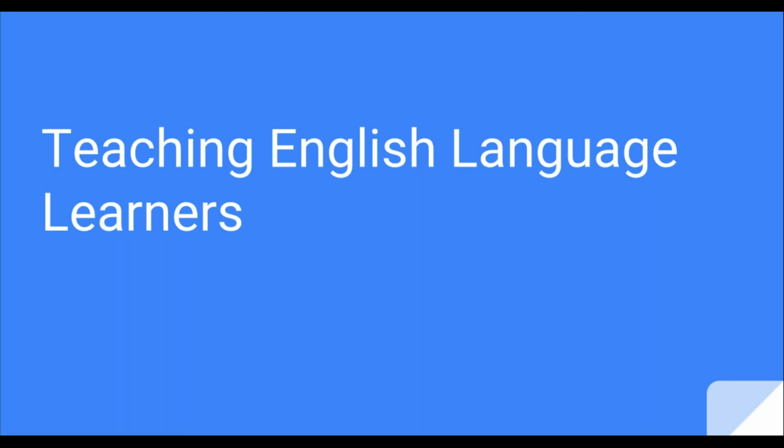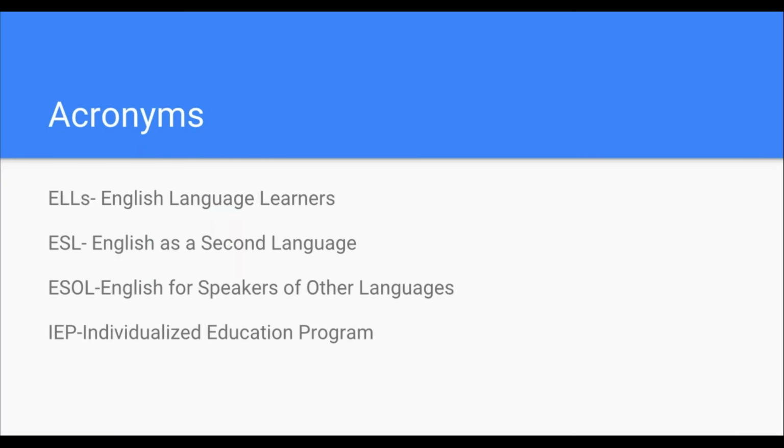So the presentation is mostly geared towards working with the English language learners, and then near the end, I will talk about working with students with IEPs as well. So when I first started grad school, I quickly learned that the education department loves acronyms. Almost everything is an acronym. So the ones that we're going to use mostly today are ELLs, that is English language learners.